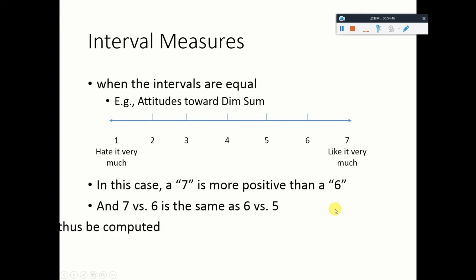Okay? And exactly because with an interval scale we have equal intervals, now we can meaningfully compute and interpret means or averages. Okay?